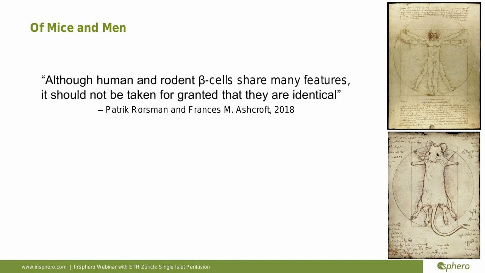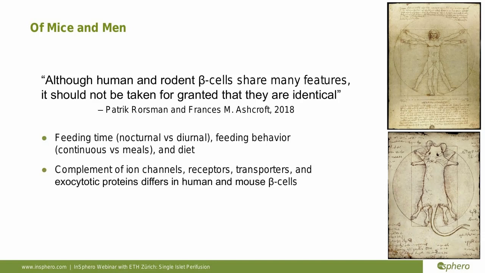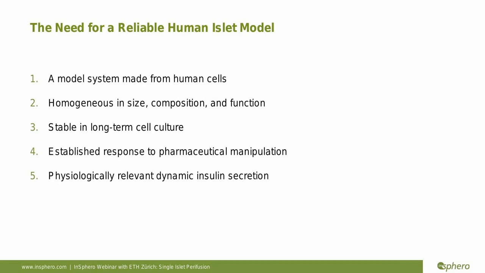To name a few, we have very different feeding times, feeding behaviors, and diet. Also, inside the beta cell, there is a different complement of ion channels, receptors, transporters, and exocytotic proteins between these two species. So ideally, for studying islet biology and perifusion in an in vitro setting, we would want a model system made from human cells. We would want these islets to be homogeneous in size, composition, and function.